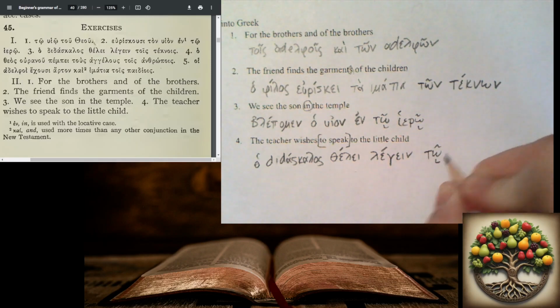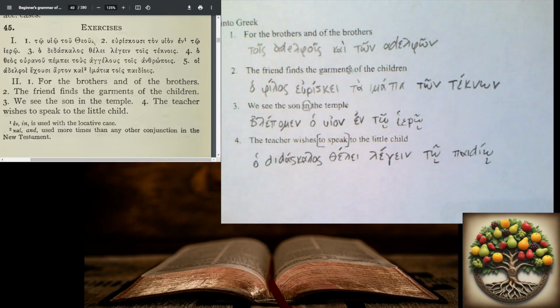And this is singular. It specifies little child, and we do have a word for that, paidion, but it is in the dative case. So it is paidio. And that completes lesson 7.